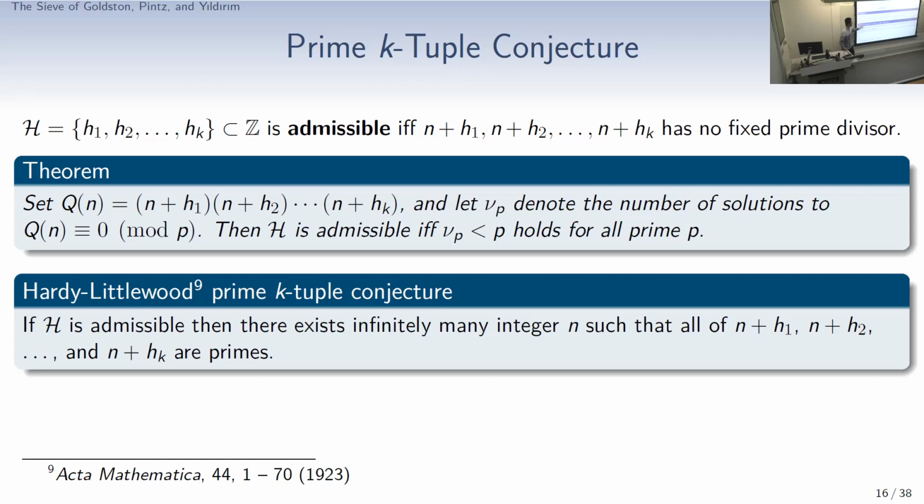As a result, if we let this symbol, nu of P, denote the number of roots in this congruence equation, then we want to ensure that it is strictly less than P, or otherwise it's going to have a fixed prime divisor. This polynomial will also appear in the GPY sieve and the work of James Maynard. And this is the conjecture, the prime k-tuples conjecture.